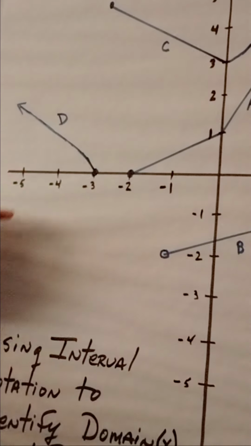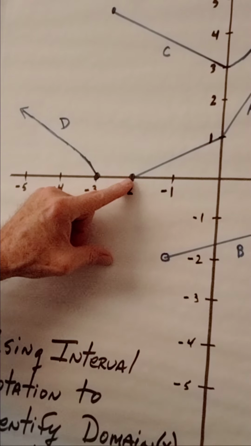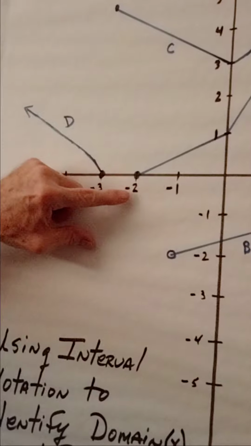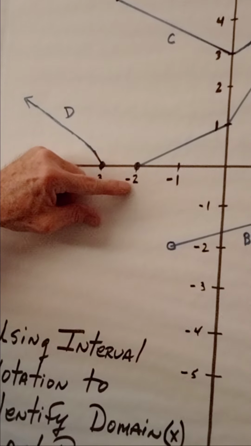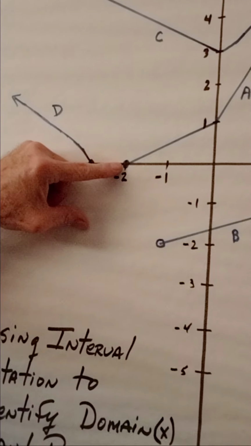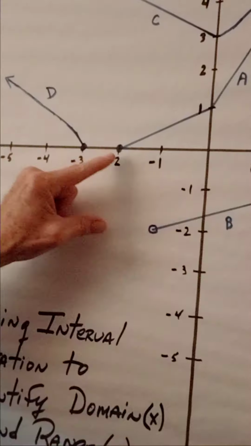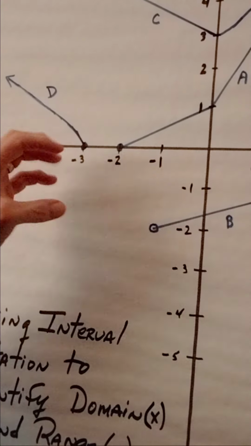It doesn't keep going. So a darkened point means it's going to end or begin at that point, and the number that is associated with that point, for example, -2 for that point, it counts. It's part of the graph. A darkened point means it counts. It's part of the graph.